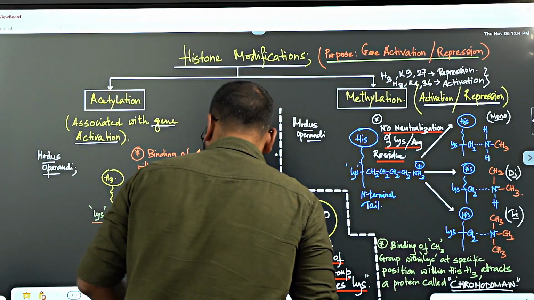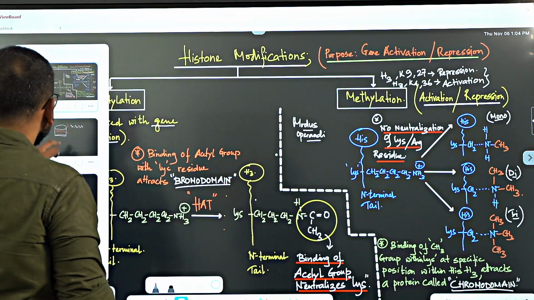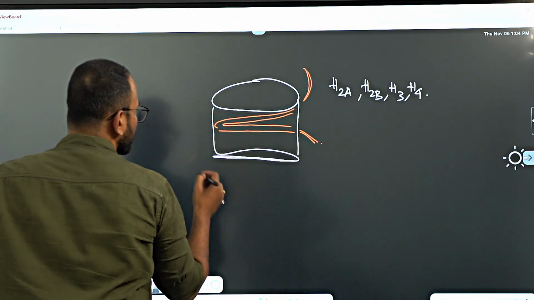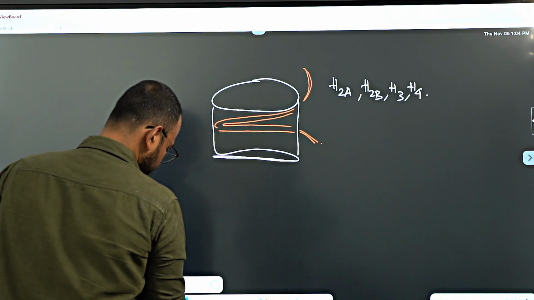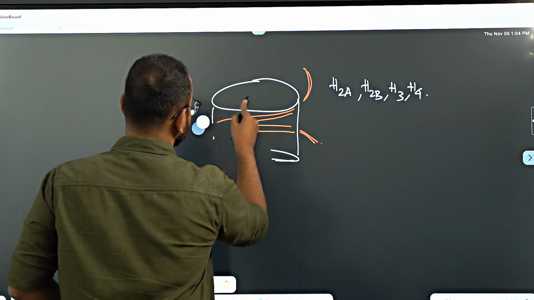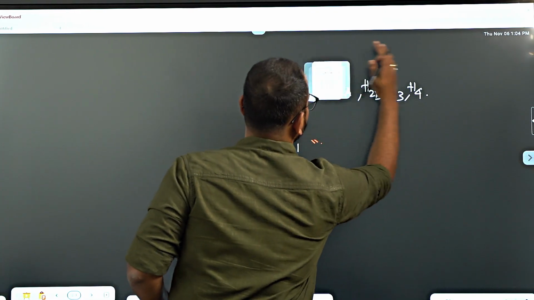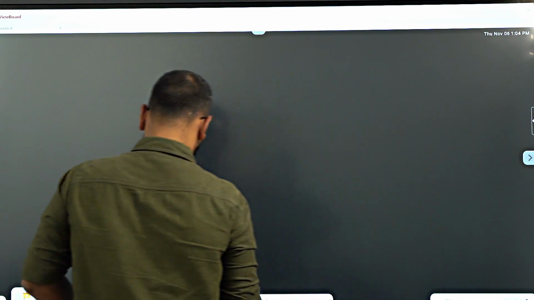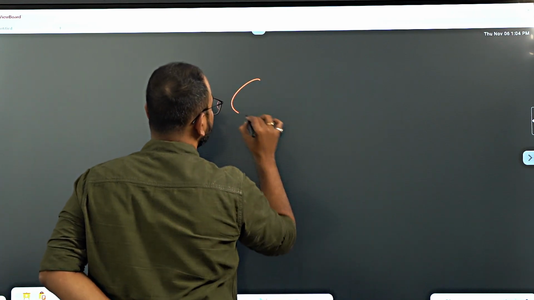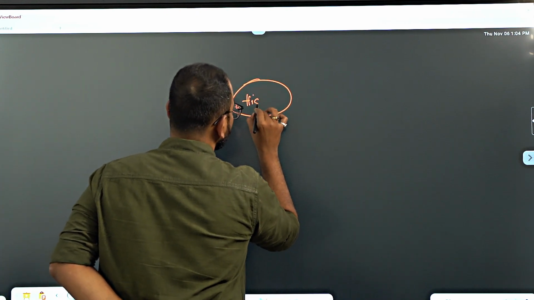Now, what does this mean? Let's dive deep into it. Suppose we have our histone H3.